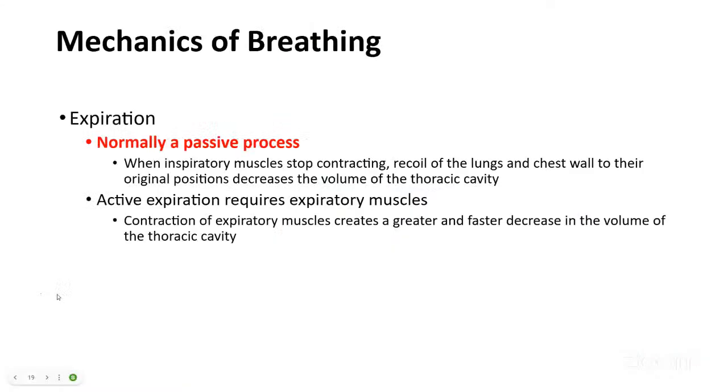So this is your reminder in the form of bullet points that when you're breathing out, you usually don't have to force it, right? You take a big gulp of air in, but then you just let go to breathe out. So usually expiration, breathing out, is a passive process.